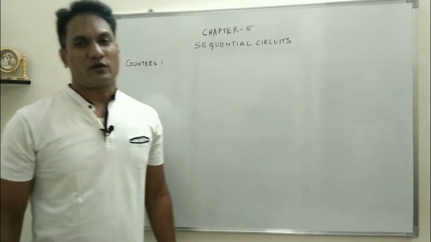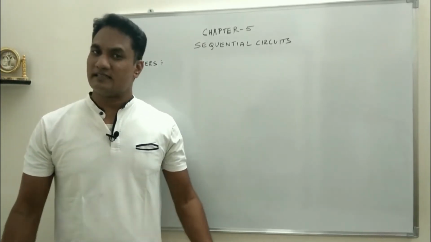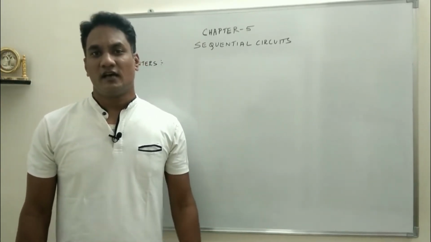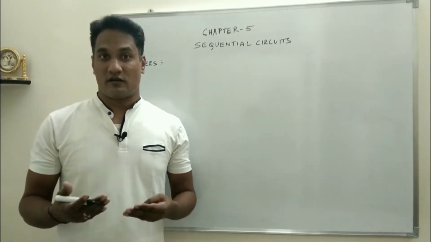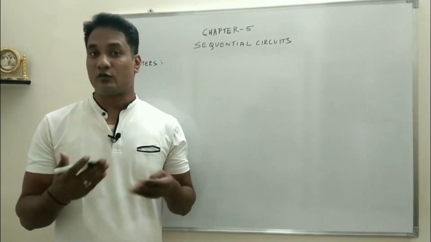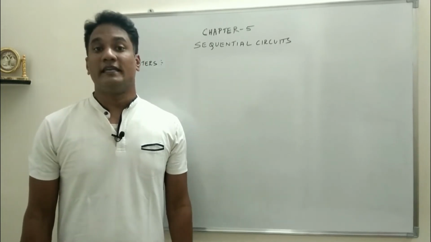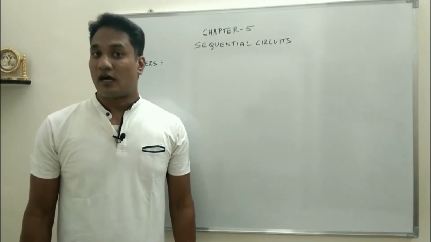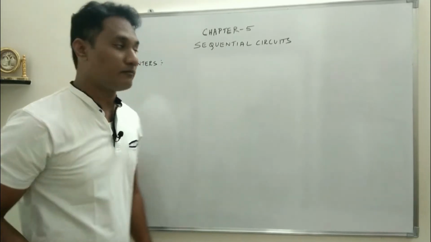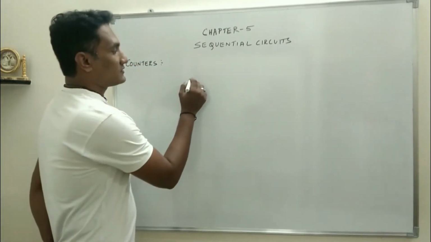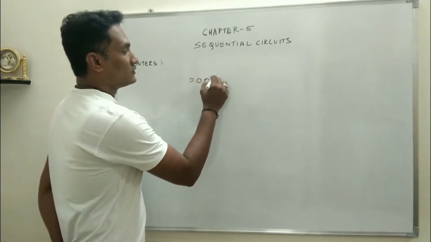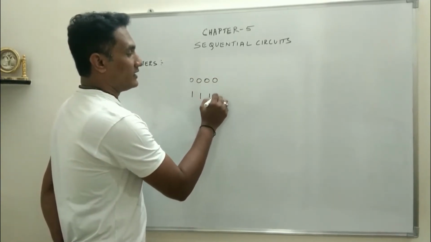First we will try to understand what exactly a counter is. Of course, as the name indicates, we will be designing a logic circuit which counts, and it will count in binary. For example, if you are counting a 4-bit binary number, the count starts from 0000 to 1111.